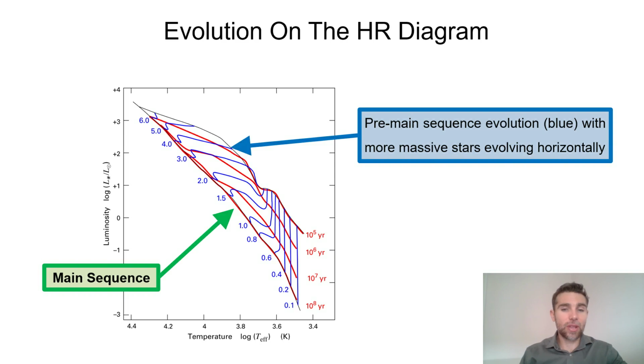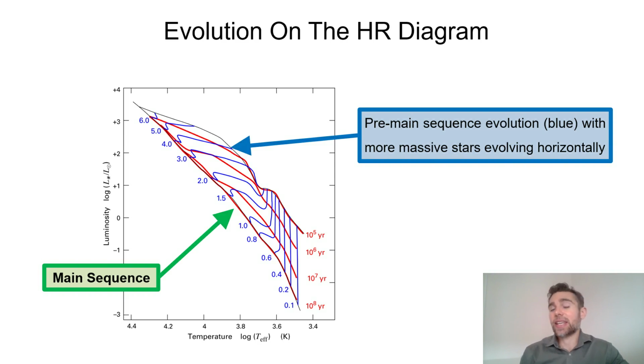And then the red lines are ages, essentially, so where they are on their age. What you'll notice is that for the smaller mass stars, the blue number here is their mass in solar units. So 1 is the same as the Sun. 0.1 is 10% the mass of the Sun. You can see they drop down vertically, whereas the bigger stars go more horizontally.